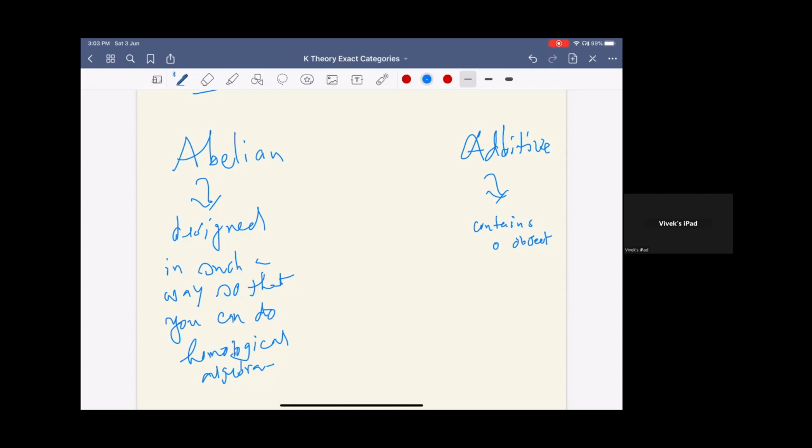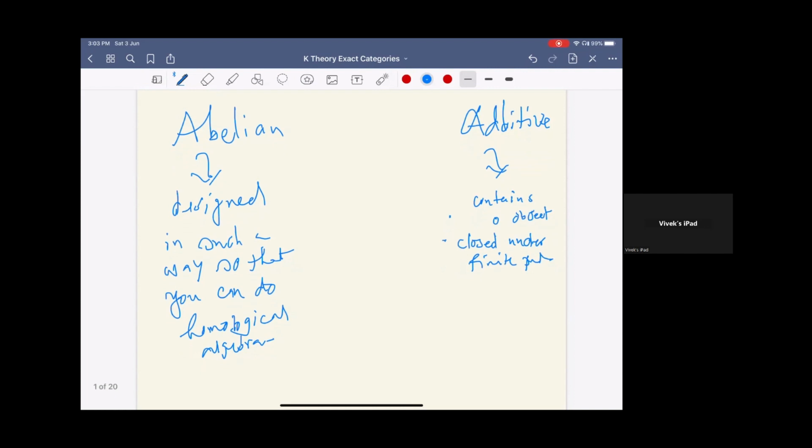And also it's closed under finite products. That means if you take the product of two objects of this category, you land in the same category.